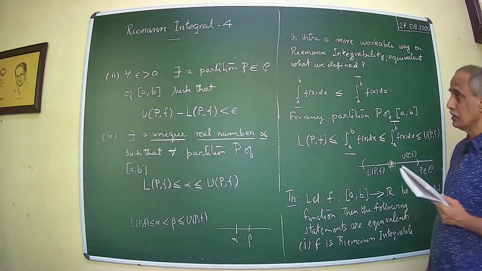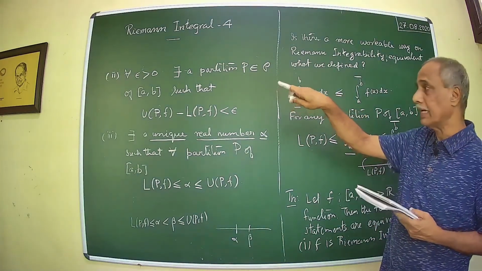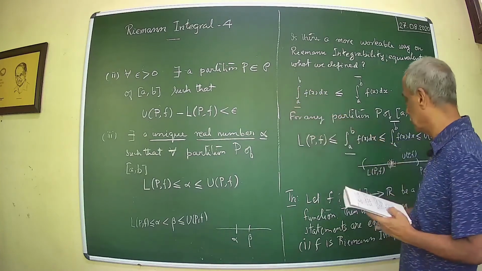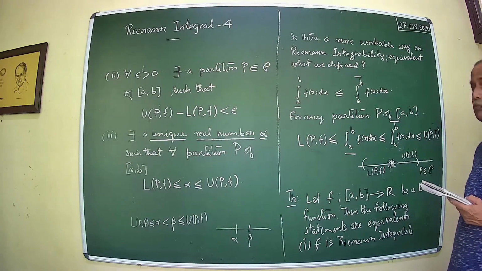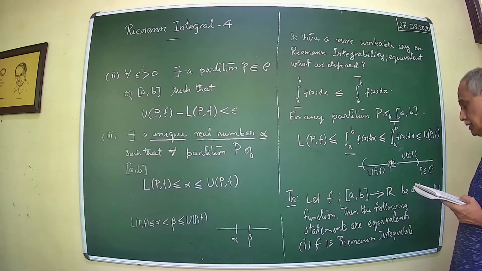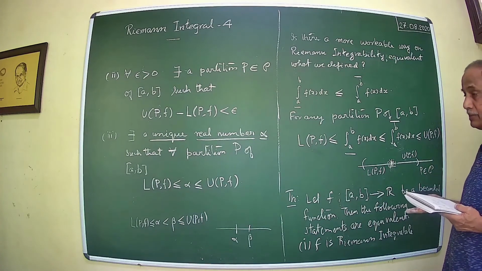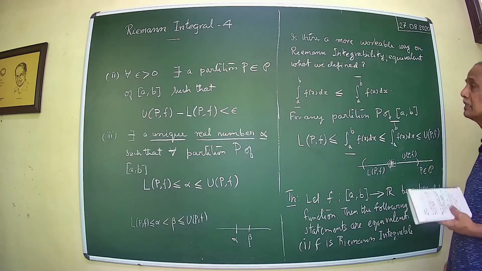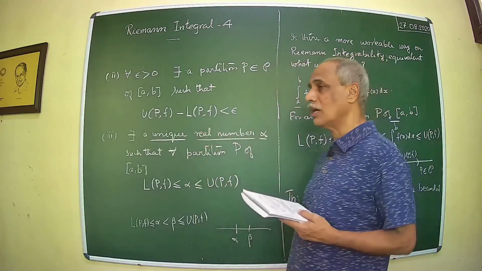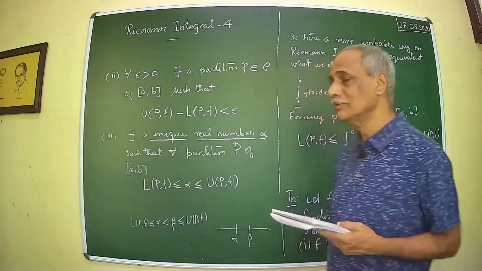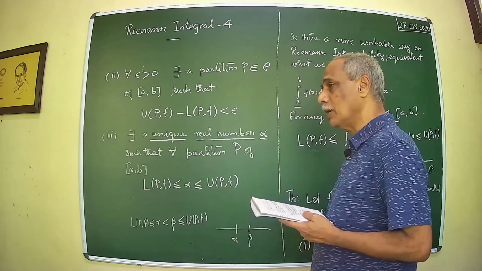And then you assume 2 is true, and then prove that the first condition is satisfied. That is, the upper integral is equal to the lower integral. Why is it so? Because you see that L(P,f) is always less than or equal to the lower integral, and U(P,f) is always greater than or equal to the upper integral.